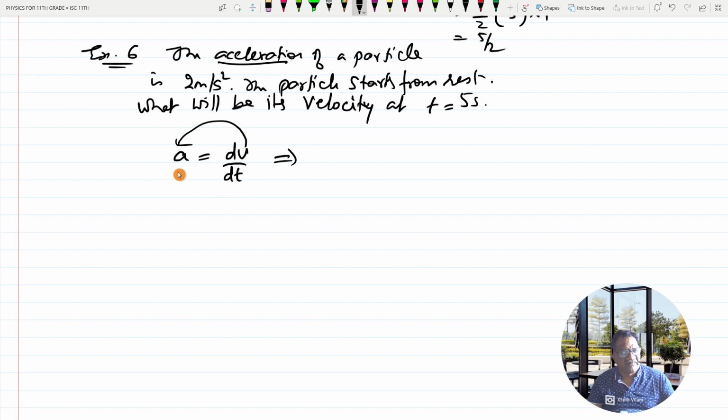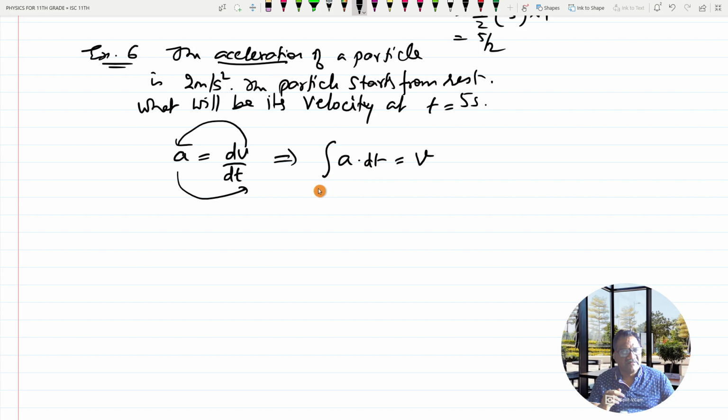That means the integration of a with respect to time should be equal to v, because derivative and integration are opposite to each other. The derivative of velocity is acceleration, so the integration of acceleration should be velocity, and that is what I have written.